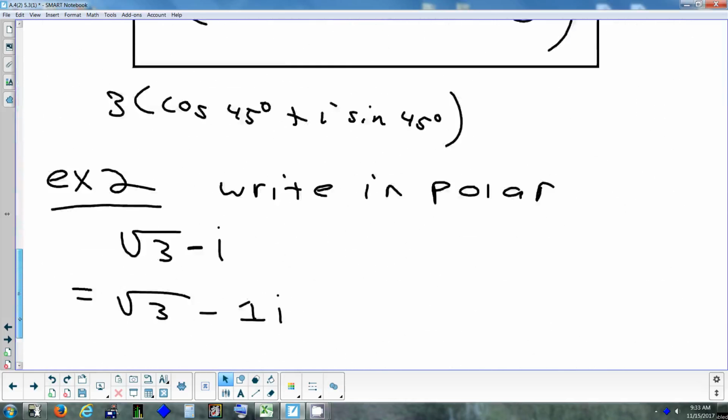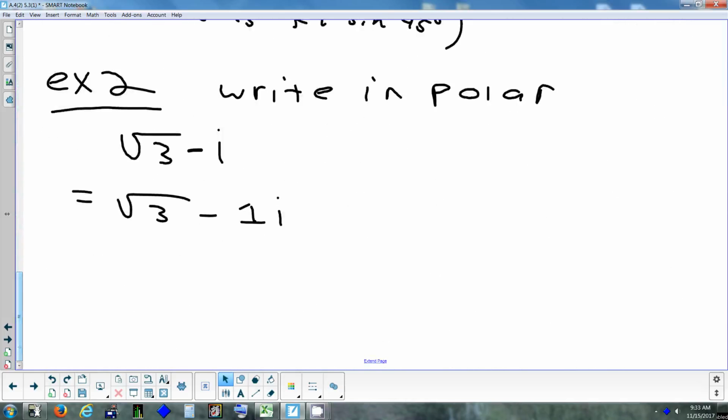Alex, can you remind me what the formula is to find r? I'm confused. This is going to come from yesterday's notes. I told you what it was, but I did not write it down again.